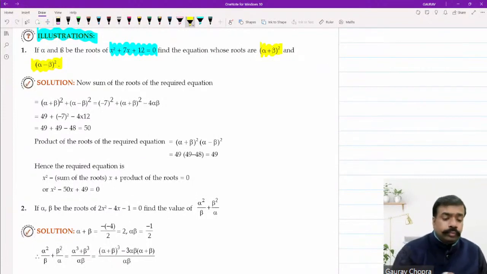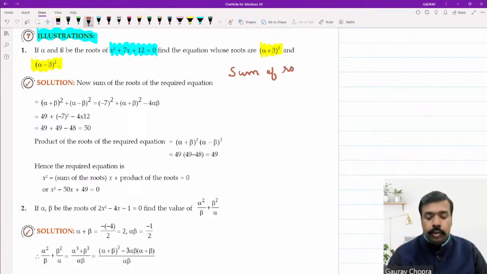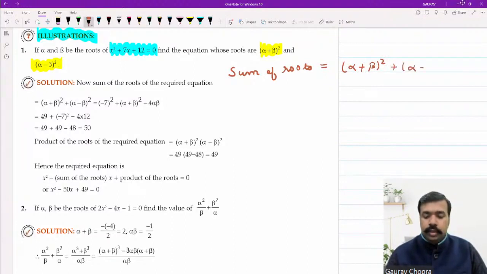So we know the formula for sum of roots and also for the product of roots. So if we talk about the sum of roots, then it will be equal to the first root, alpha plus beta square, and the second root, alpha minus beta square. This is according to the given question. These are the roots.